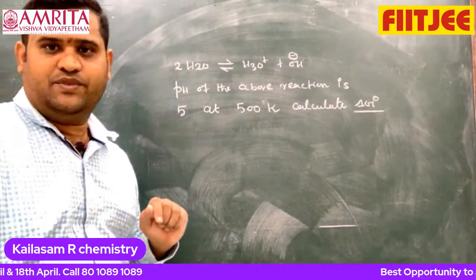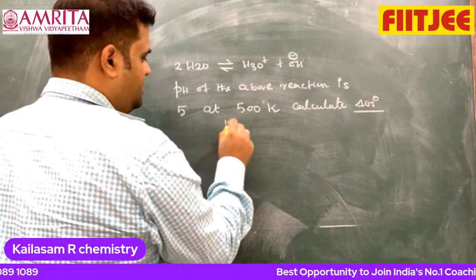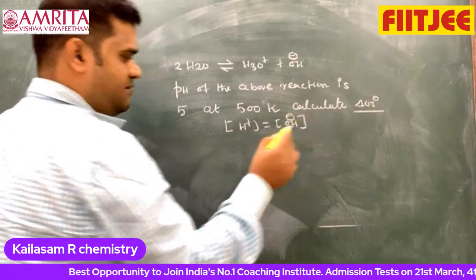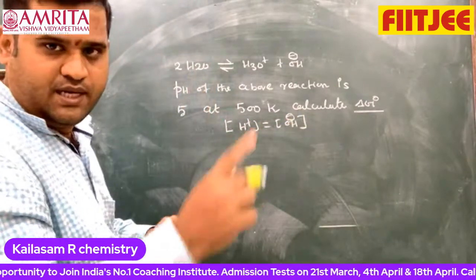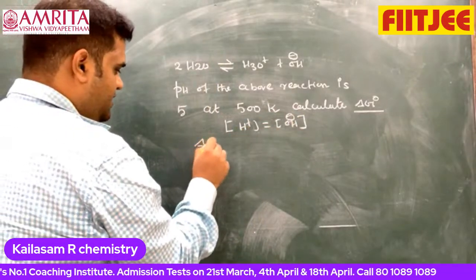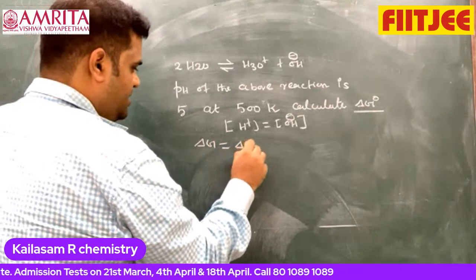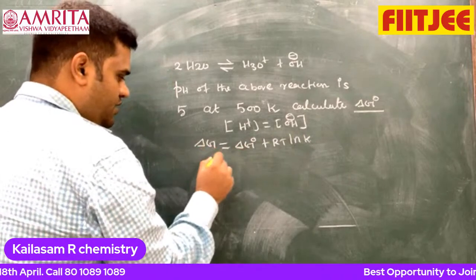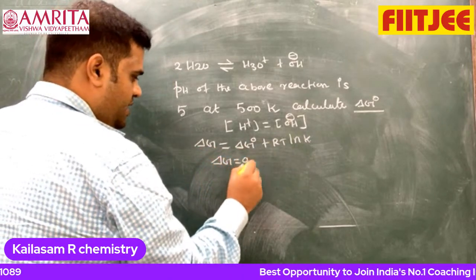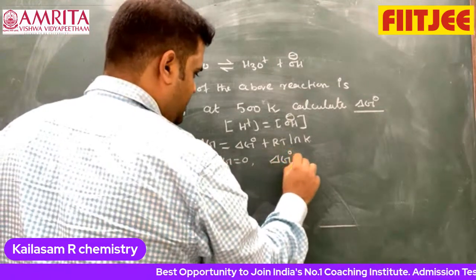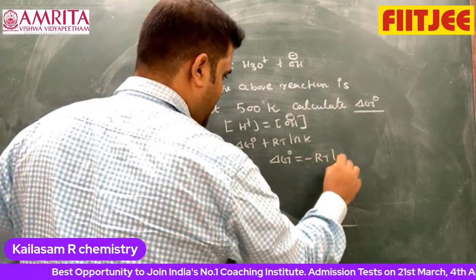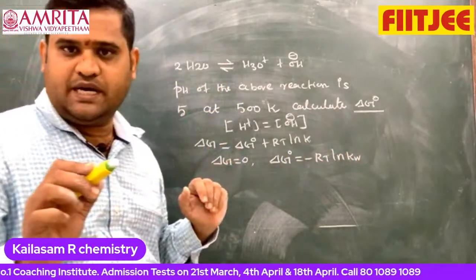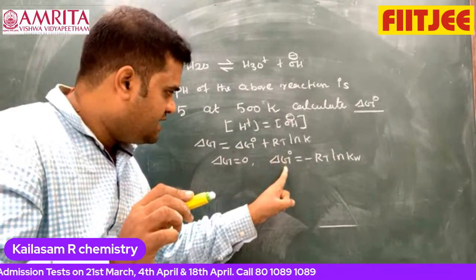See, this is water. Water means the concentration of H plus ion is equal to the concentration of OH minus ion. Now evaluate the equilibrium. Delta G is equal to delta G naught plus RT ln K. Therefore delta G is equal to 0 for equilibrium. We can write delta G naught is equal to minus RT ln Kw. Now I am asking delta G naught.